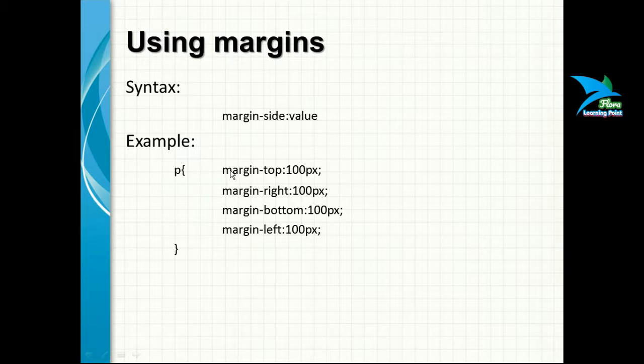So these are the actual names of the properties: margin-top, margin-right, margin-bottom, margin-left. We can assign any value to these properties by using px, or if you do not write px, then it will also be measured in pixels. So that is all about these four properties.